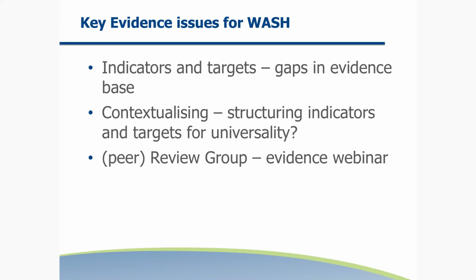So how do we structure our indicators and targets or minimum requirements, in that universality sphere, I guess, at the same time as trying to get people to contextualize it? This is something we've struggled with, and as a result we've tried to pull from our peer review group.